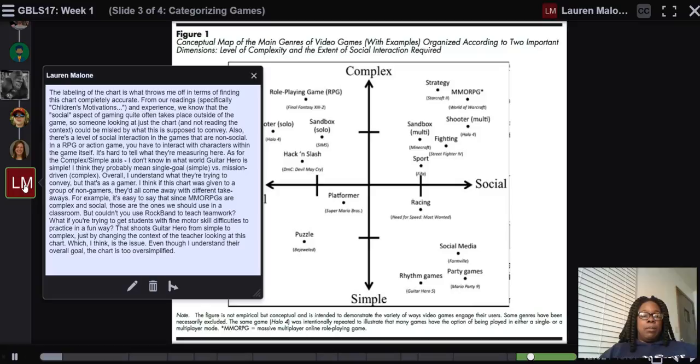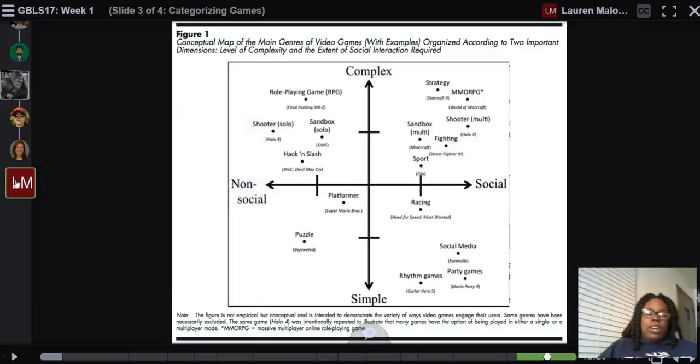If you're not a gamer, you can take away your own thoughts about these different games, and it puts everything in a box. So I talked a lot about context, which I think some of my peers also talked about. I also talked about how the social aspect of games is based on your objective.